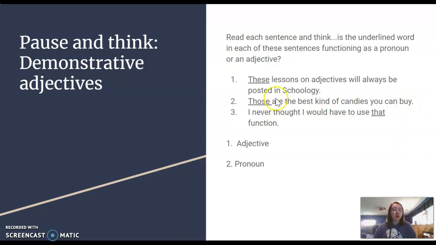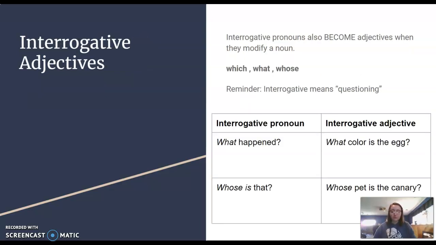We don't know that we're talking about candies until the end, so we know that this in this case isn't an adjective. It's not modifying candies in this sentence. It's just working as a pronoun to rename candies because it's next to a verb. And then in 3, I never thought I would have to use that function. That is working as an adjective here to modify function.